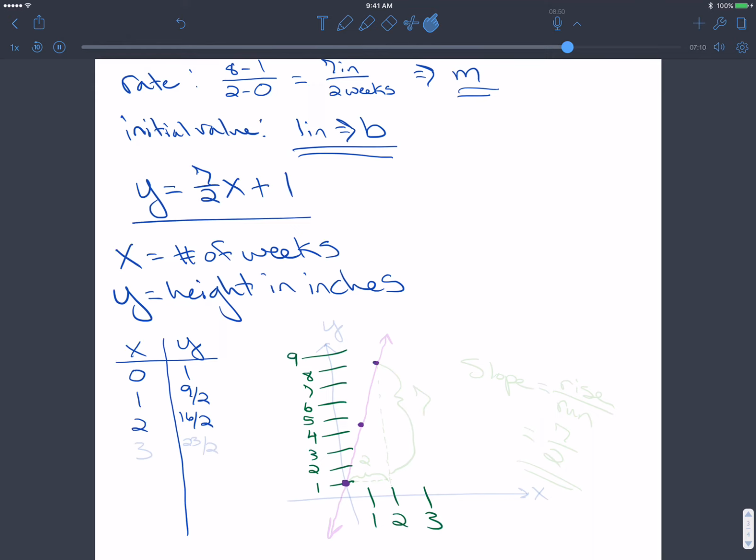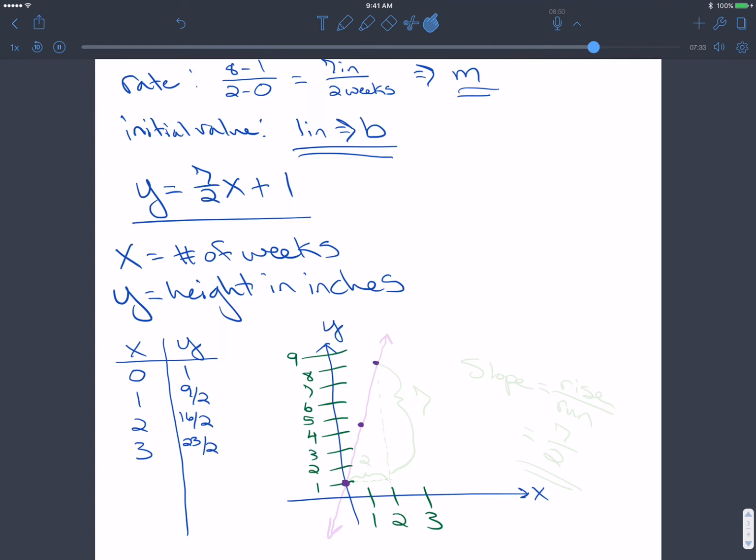And then at 3, that becomes 23 over 2. If I graph this, I can look at slope as rise over run. That's the goal here. So let me graph this real quick and come back.